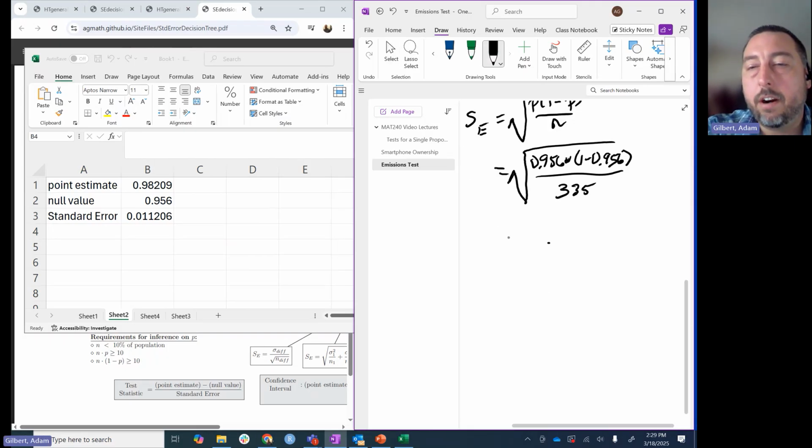So our standard error is approximately 0.0112. And now, again, we've got all of the pieces that we need to calculate our test statistic.